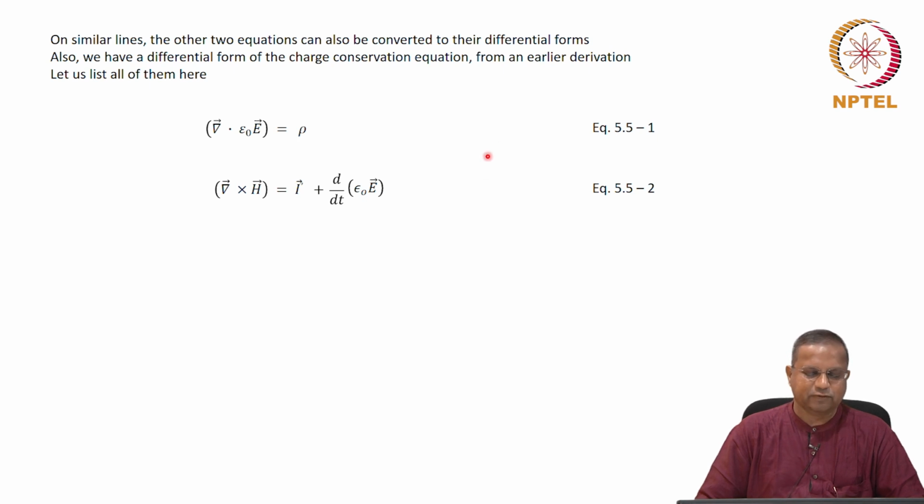And you would have derived del cross E equals minus d/dt of mu naught H by using the theorems that we just mentioned, Gauss's theorem and Stokes' theorem, 5.5-3. And also del dot mu naught H equals 0. This is the differential form of Maxwell's fourth equation, 5.5-4.